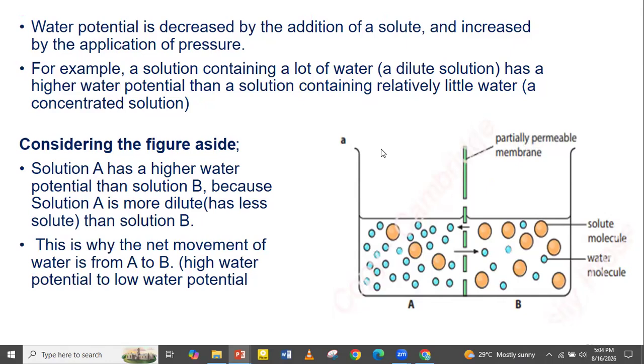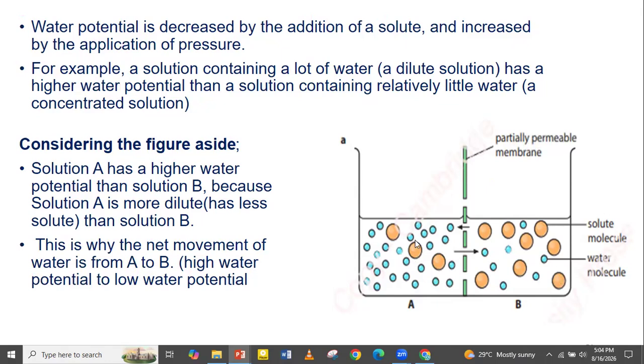Now, when you look at the water potential of a solution, it depends on two factors. Number one, it can depend on the amount of solute that has dissolved in water. If a solution has more solutes, like in this case, we have solution B, you can see it has solute molecules, and you also have the water molecules. A solution that has more solute will have a lower water potential.